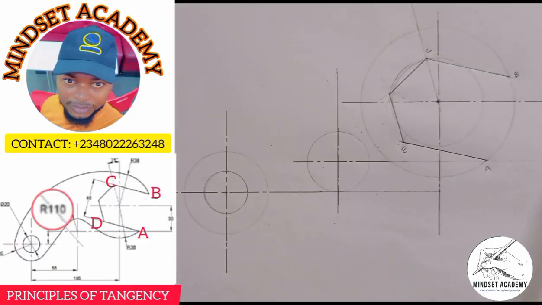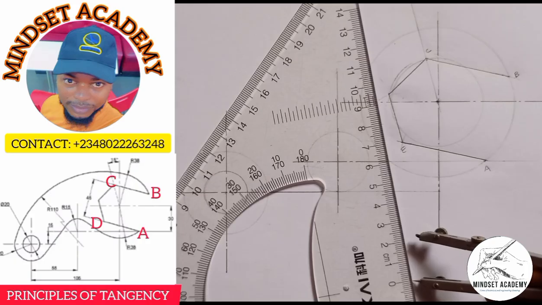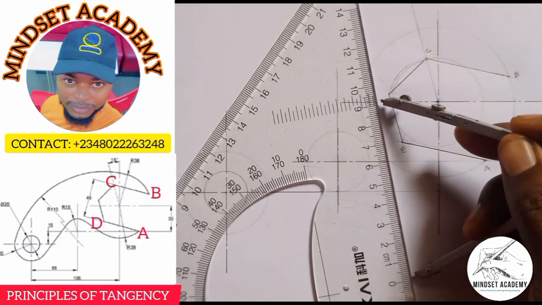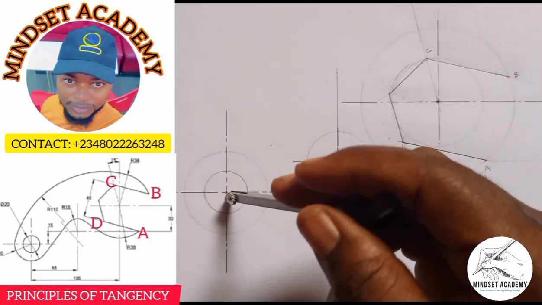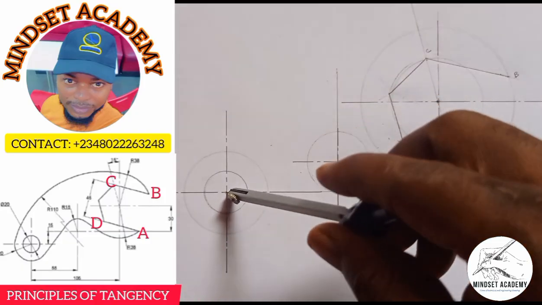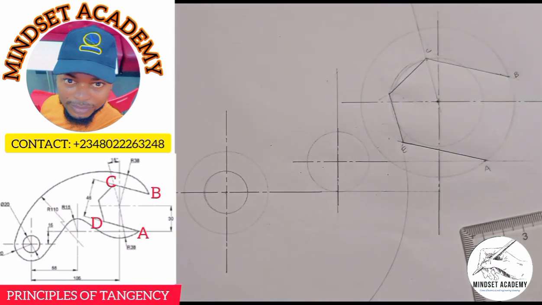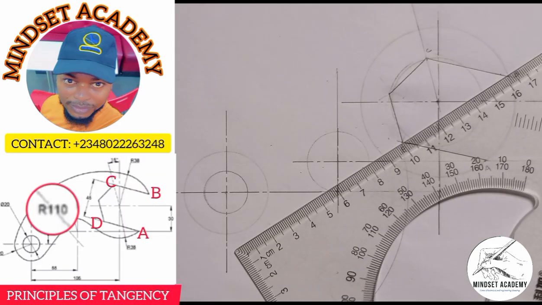So I'll take my compass and I'm going to measure 90. This is 90 here. Then I'll place it at this center point here. I'll strike an arc at the side. While the other one, the radius is given as 38, and 110 minus 38, that'll give us 72.